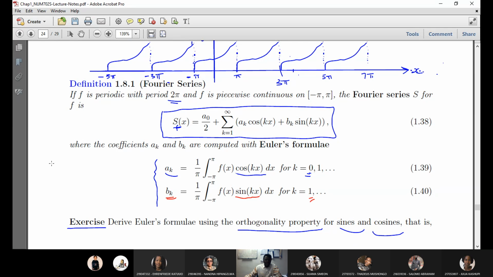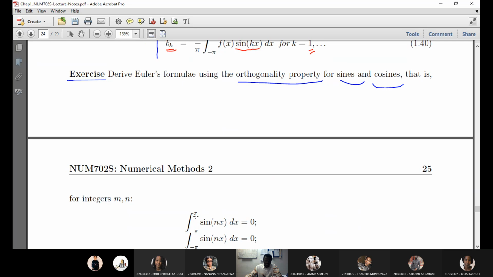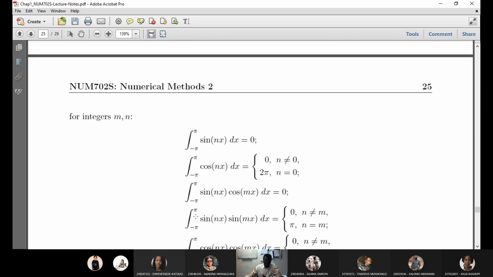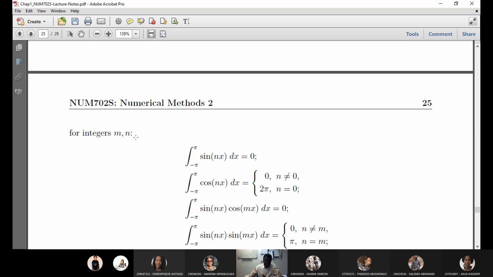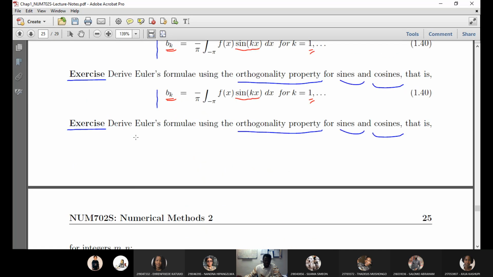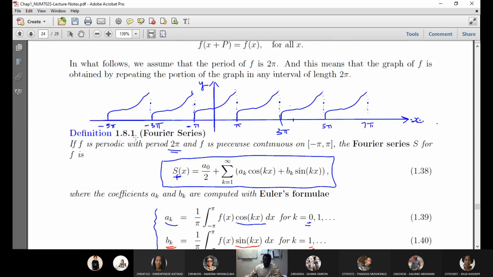And you are actually given explicitly what you have to prove. These are the orthogonality properties here, for integers m and n, because if you look at the expansion here, we expand in terms of cosine kx, where k takes the values 1, 2, 3, 4, 5, of course starting from 0. So all the integers are here, positive integers, of course. Similarly for sine.